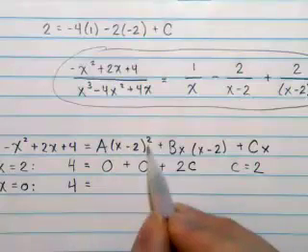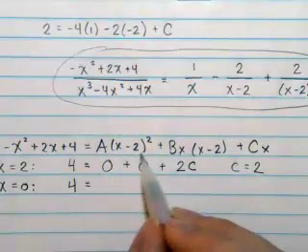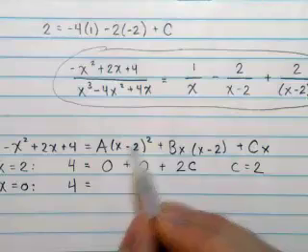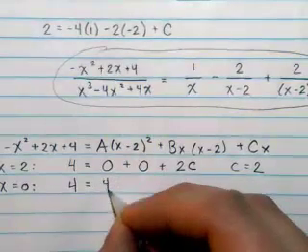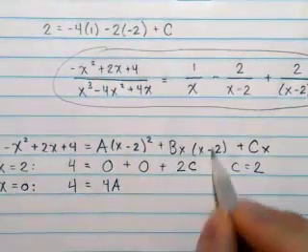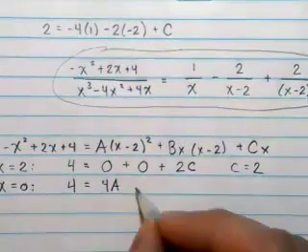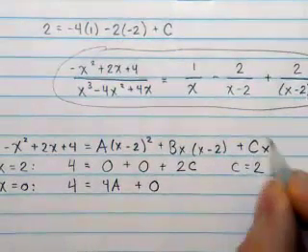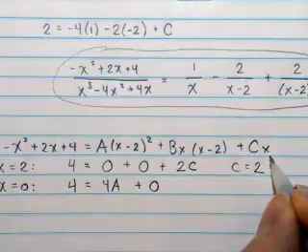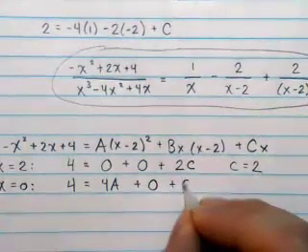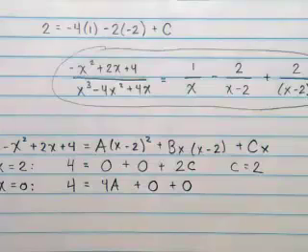If x is 0 right here, what do I get? It would be 4A, right? Okay, 4A. And then what about this term? 0. And this term? 0, right? So what's A? 1.